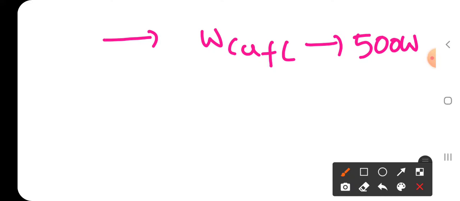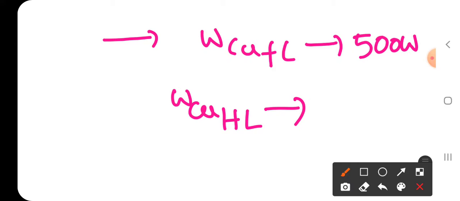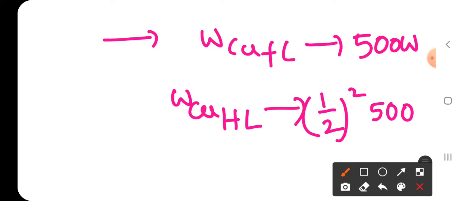Then what about the copper loss at half load? At half load, how much copper loss will there be? Can I write 500 by 2? No. Here I need to write (1 by 2) whole square into 500.